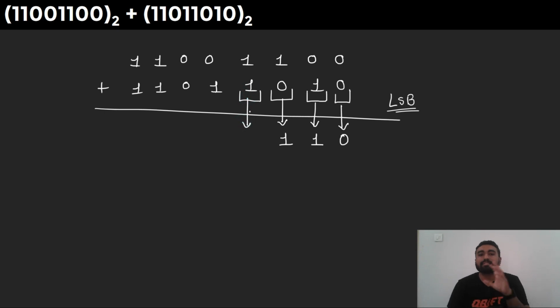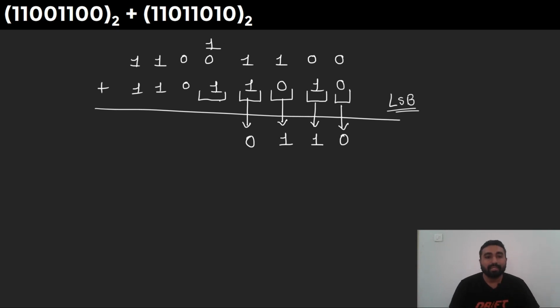We have seen in the thumb rules that 1 plus 1 is 10, where 0 is your answer and 1 is your carry. Here we now have one carry that we have shifted to the next column, and for each and every column, the sum we are putting at the bottom of that particular column. So we are following the theoretical steps that we have seen in the previous slide.